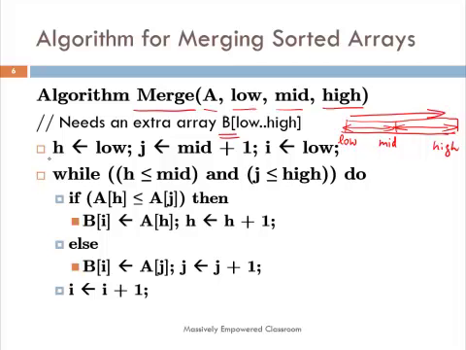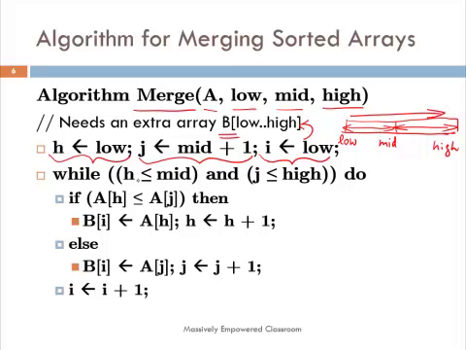So we keep a pointer h pointing to the first part of the array, a pointer j to the second part of the array, and a pointer i to the array B, where we are going to copy the elements.